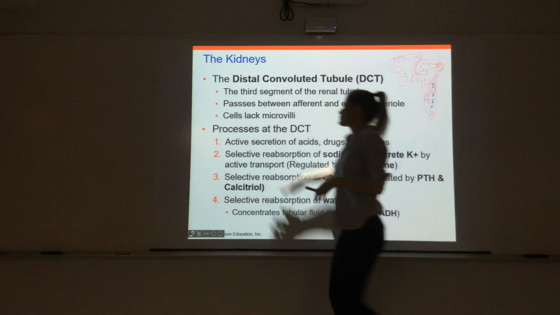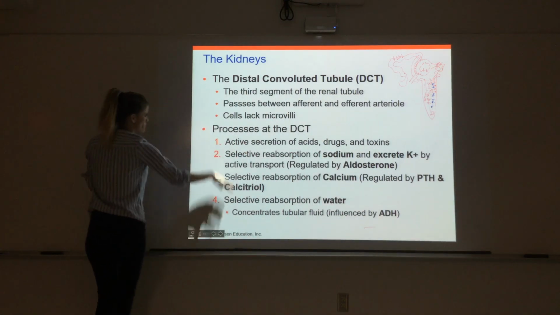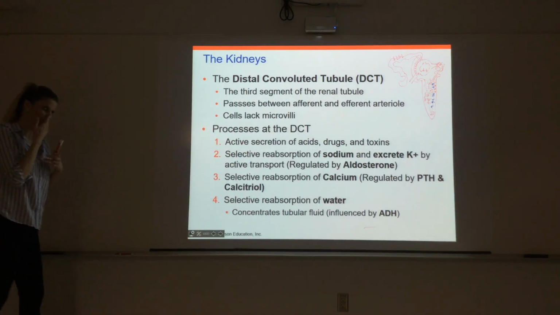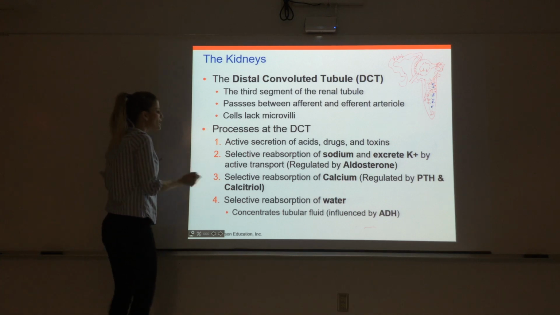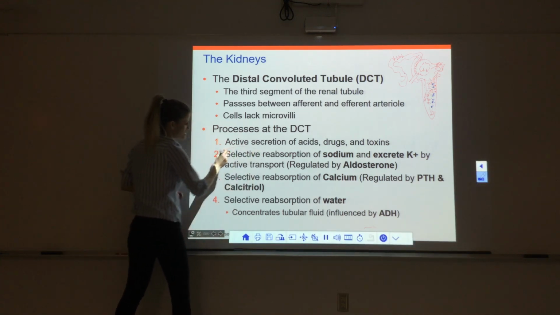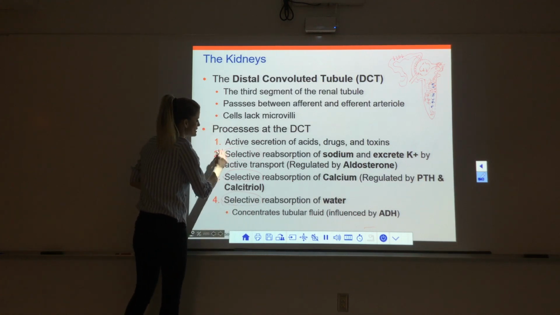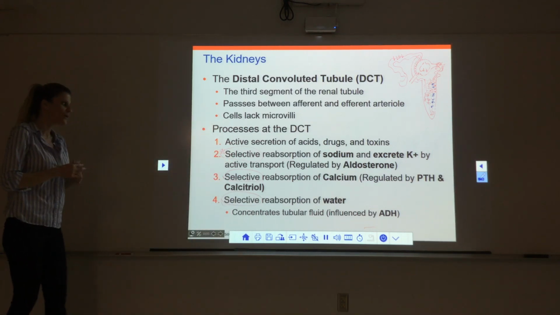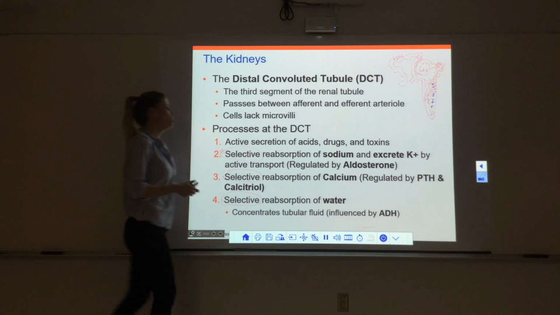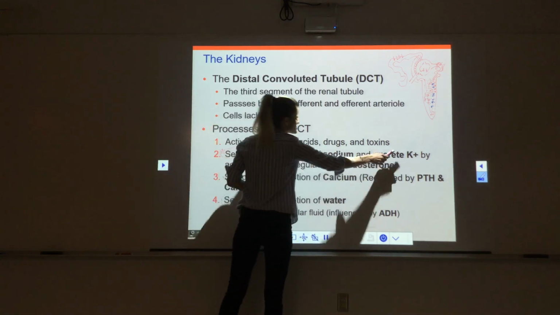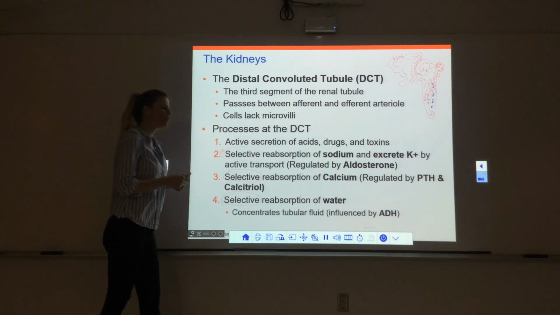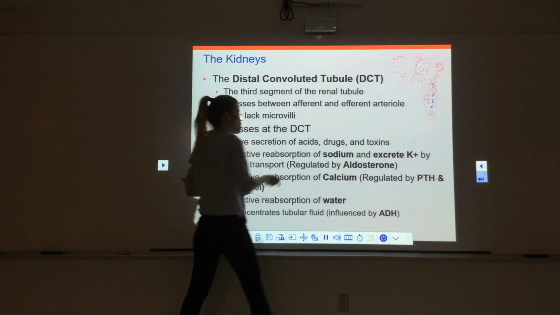I really want you to focus on the second part down here, though, when we look at the distal convoluted tubule. So we have a lot of what we call selective reabsorption. And this selective word is important. We have the selective reabsorption of sodium and excretion of potassium. What follows the sodium? Water.